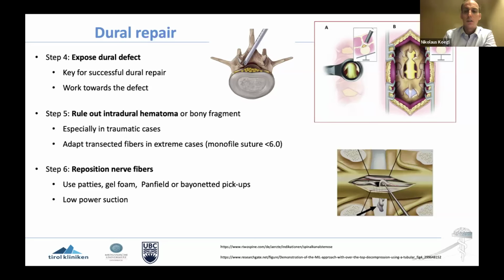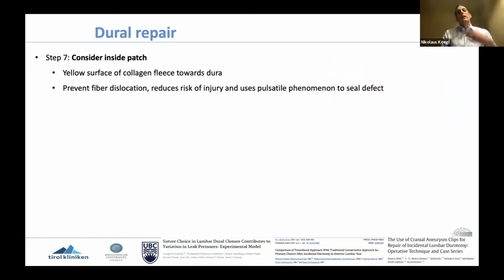Reposition the nerve fibers. You can use either a gel foam to push it in. Use a Penfield or some bayonetted pickups to remain as atraumatic as possible. If you have the issue of a ventral tear, just really make sure you have a nice plane and you don't entrap the nerve root somewhere. Coming back to the cranial cases, consider doing a sandwich technique.